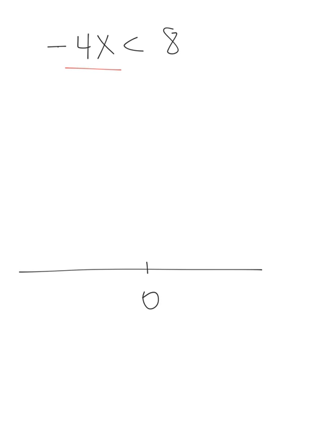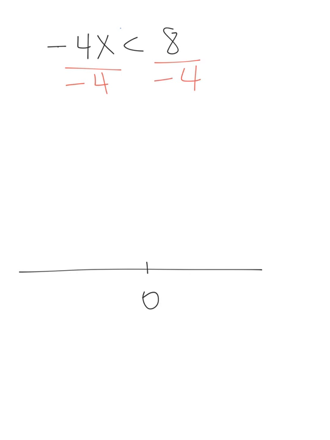Look at one more. -4x is less than 8. So it's a multiplication problem solved by division. Divide both sides by -4.